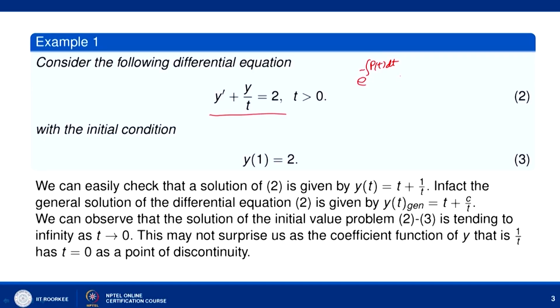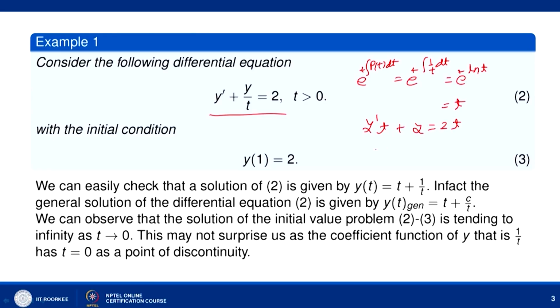So it is e to the power integral of 1 by t dt, which is e to the power ln t. Sorry, it is plus, not minus here. So the integrating factor is t. Multiplying by t, we get t y' plus y equal to 2t.